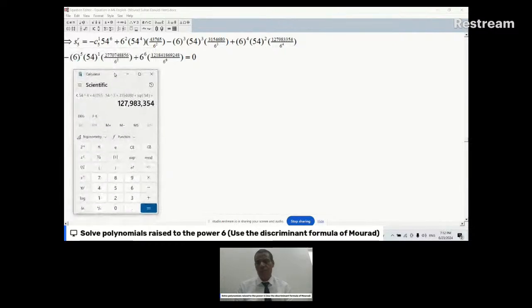Minus, this is minus 6. That 6 no need, because 6 raised to the power 5 divided by 6 raised to the power 5 is 1. Minus 54 only. Minus 54 times 2,770 million 748,856.